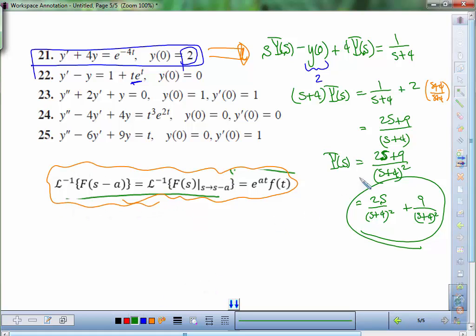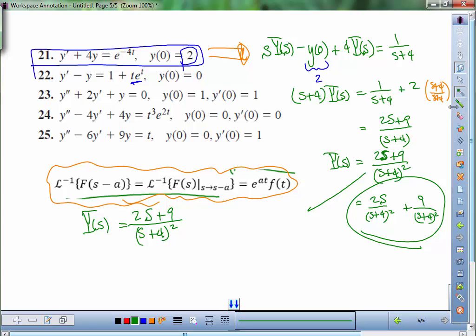Let's go back to the s world and see what we were working on. We were working on y of s is equal to 2s plus 9 divided by s plus 4 squared. Now, it's the s plus 4 that we got stuck on, right? The numerator is just going to be the numerator, and we're not going to be able to do much about it. But the s plus 4 in the denominator is what got us a little stuck.